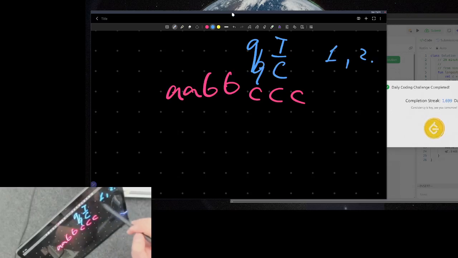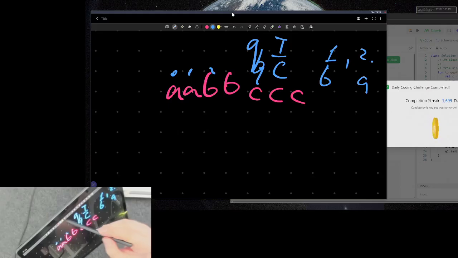For example, at position 1 we want to replace A with B, and at position 2 we want to replace B with A, for example, like this.